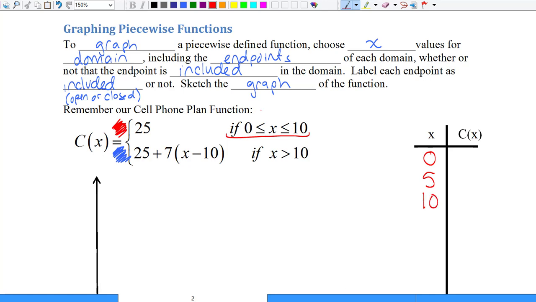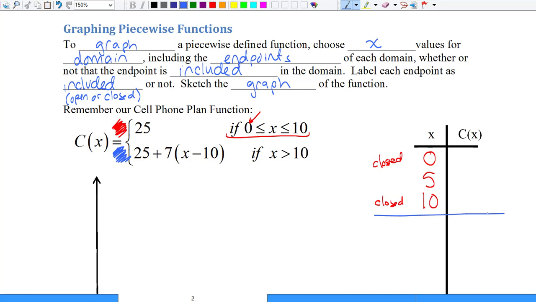Now each of these endpoints, because it's or equal to, this is a closed point, which means it's a filled in circle. And because 10 is or equal to, 10 is also closed. Now, any other point other than endpoints are obviously always closed. We're just clearly labeling our endpoints because sometimes we have more than one endpoint.